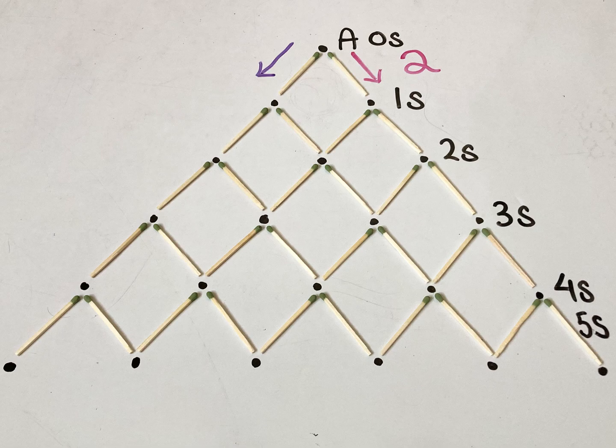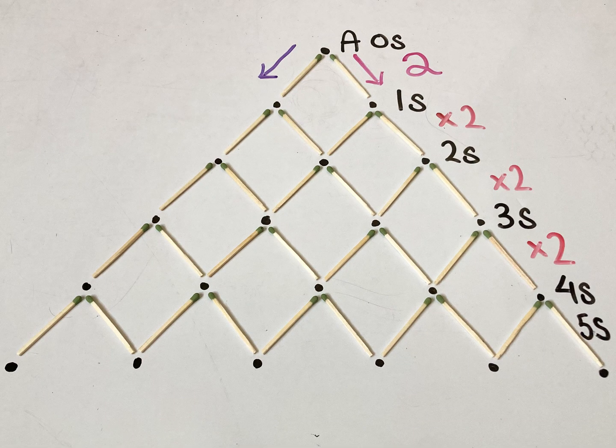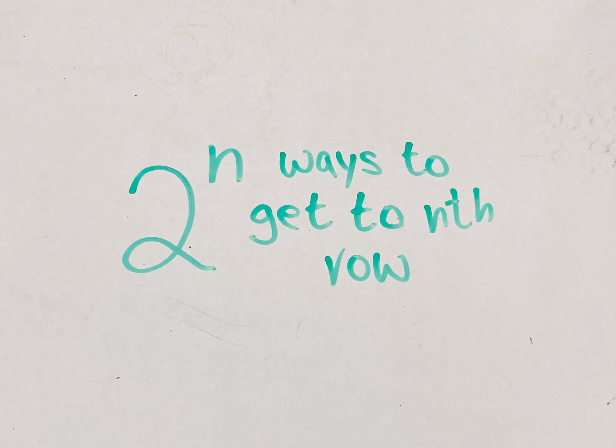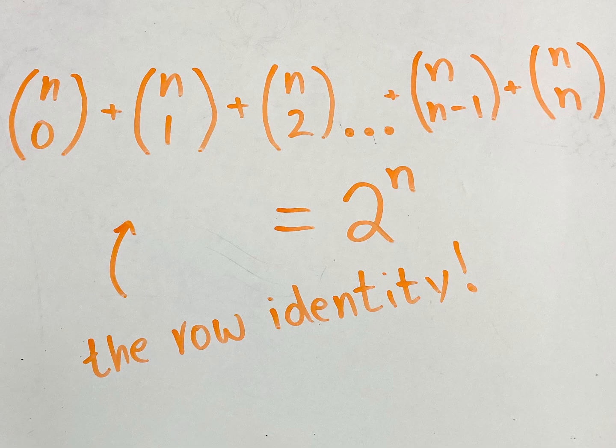Given that each step has two possibilities, right and left, the number of ways to get to one row is 2 to the power of that row number. So, we can say that the sum of all of the combinations on that row, or with a similar top number, is 2 to the power of that number.